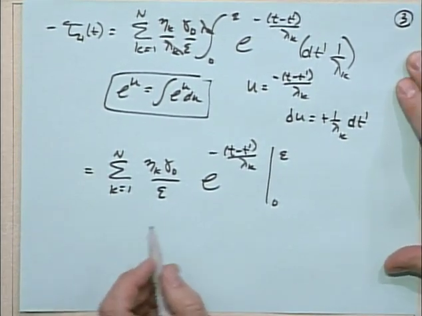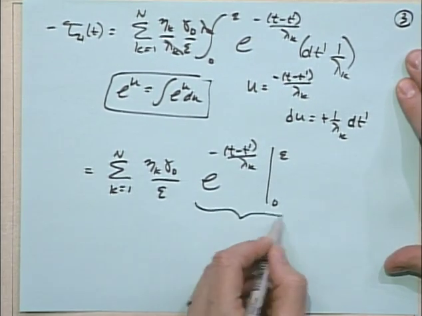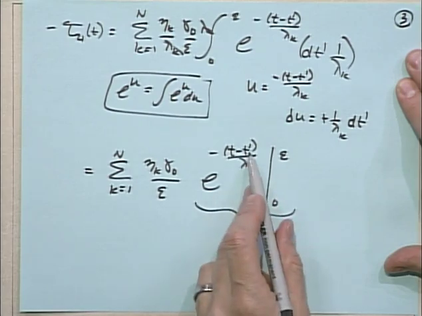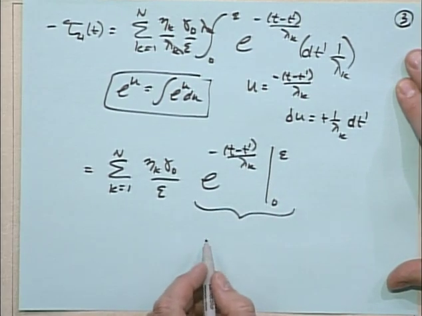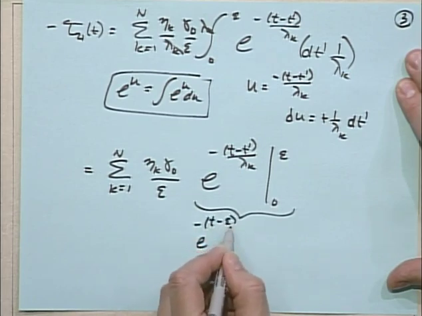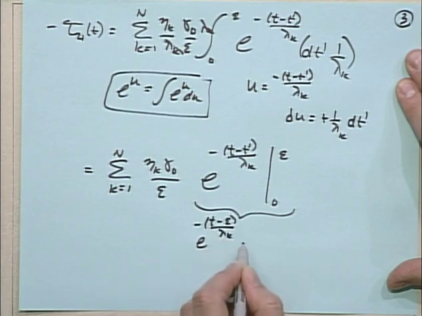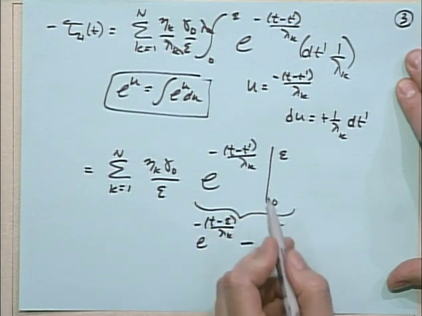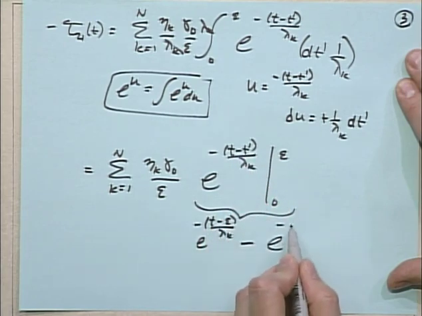So again, this comes out as before. When I put epsilon in for t prime, I get e to the minus t minus epsilon over lambda, minus e to the minus, put a 0 in, t over lambda.